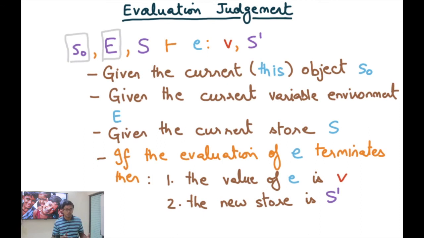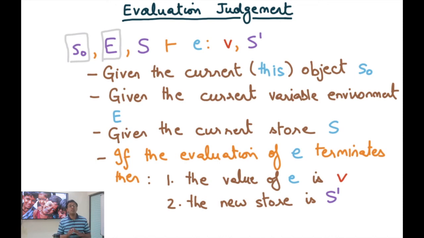This is just the semantics of a C++ like language, that while you're evaluating the expression, it's not possible for you to change the context under which you were evaluating the expression. In other words, you can't change this object, there are other ways to do it, but not through just the evaluation of an expression. Similarly, you cannot change the scope environment just through the evaluation of an expression. Recall that we change the environment when we see declarations and stuff like that, and that's only when we get into a new scope or things like that.